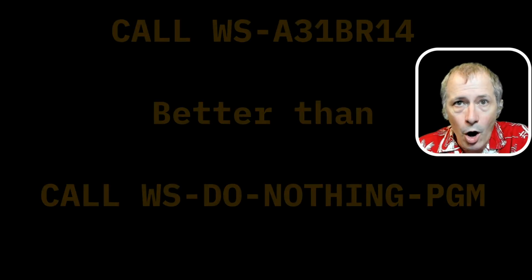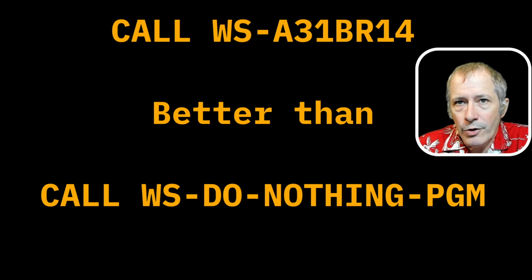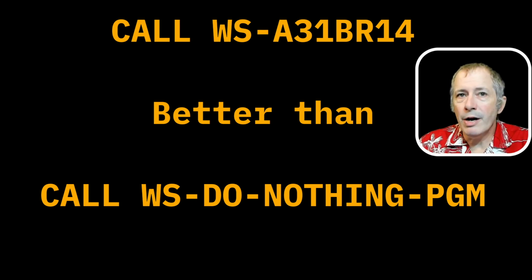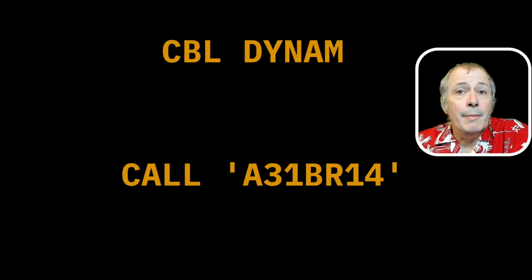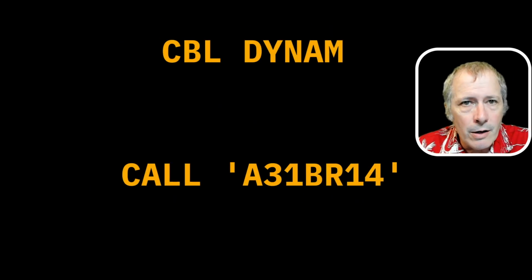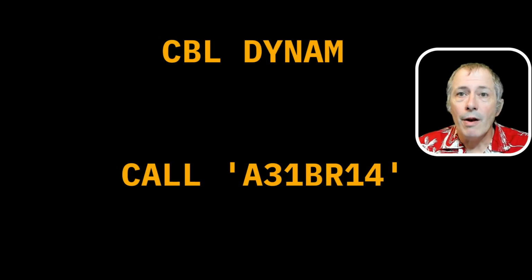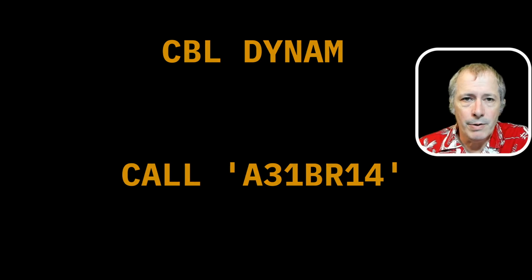Plus, there's only so much info that can be conveyed in a 30-character name. Because I prefer to look at the program, it is my opinion that CALL WS-A31BR14 is better than CALL WS-DO-NOTHING-PROGRAM. Dynamic call literals are very clear about what is being invoked. That is a plus in my opinion.